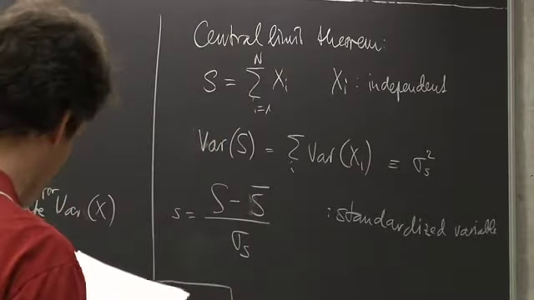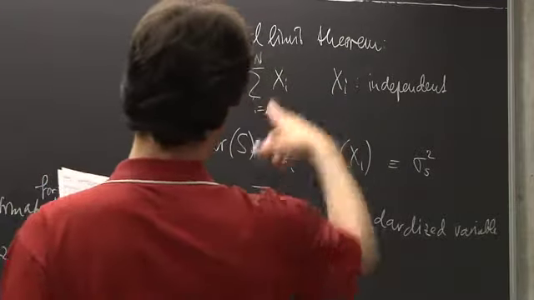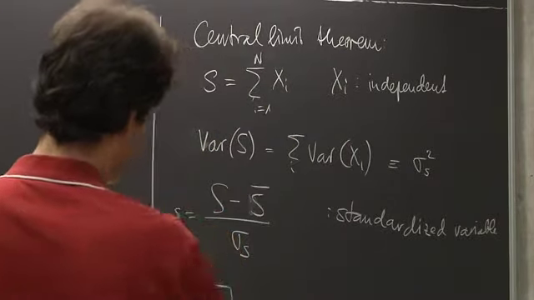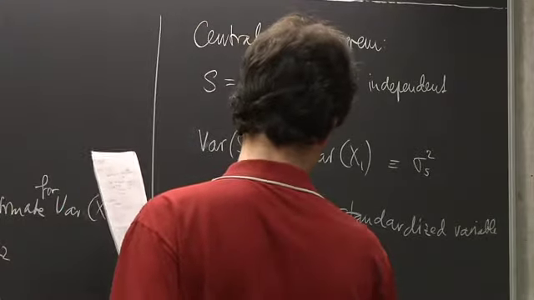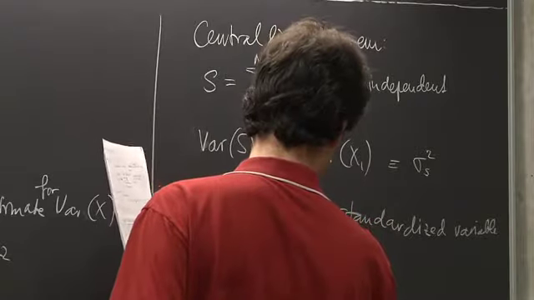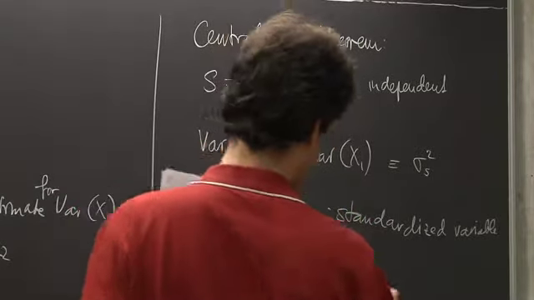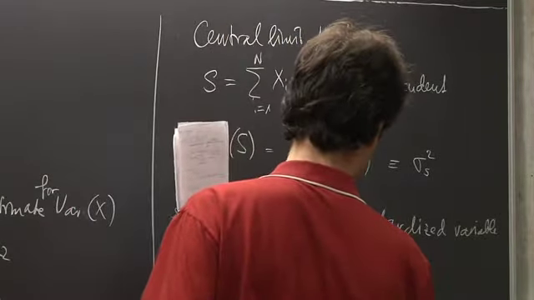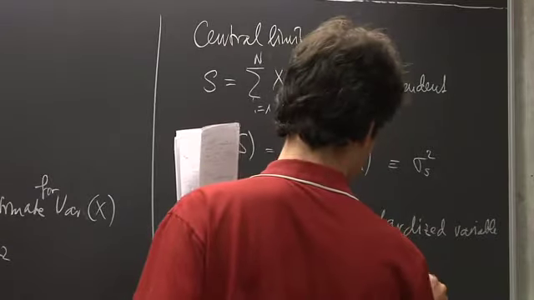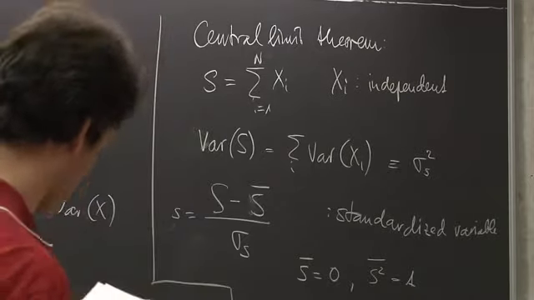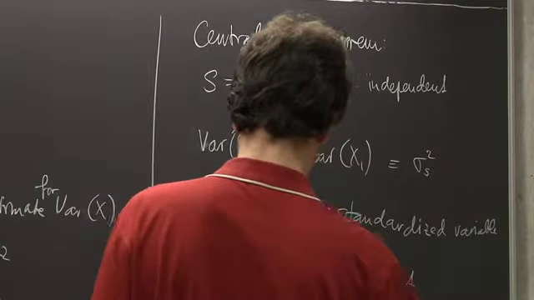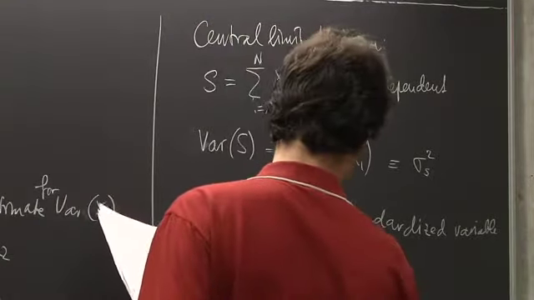Then the statement is that when n is large, then this standardized variable will have a Gaussian distribution, namely s has zero mean. It has, of course, standard deviation 1, because you normalized it to have it 1.